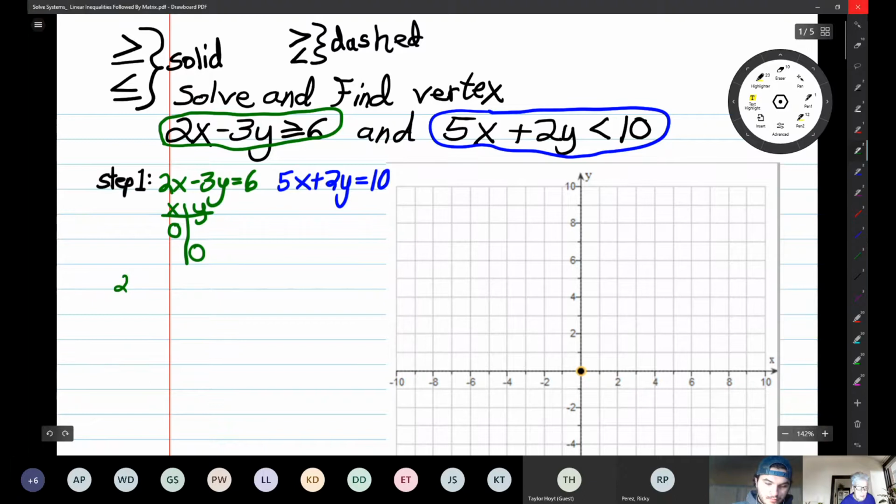If X equals 0, I'll have 2 times 0 minus 3Y equals 6. So that'll be 0 because 2 times 0 is 0. 0 minus 3Y equals 6. -3Y equals 6. And divide both sides by -3.